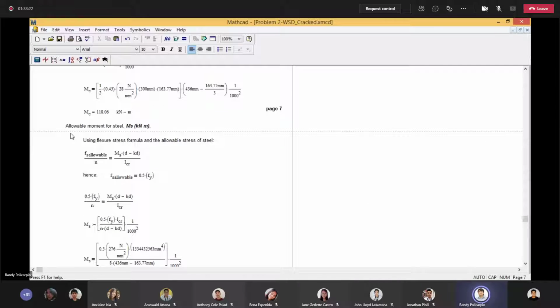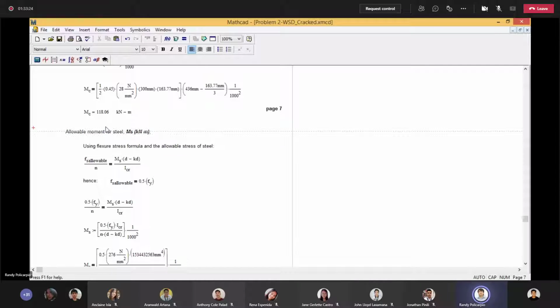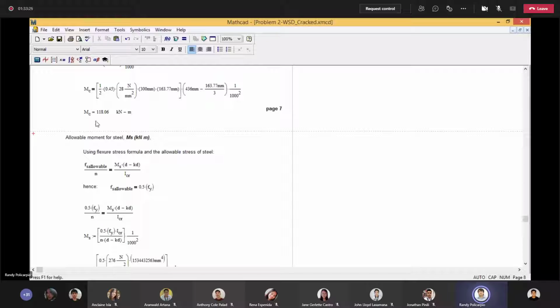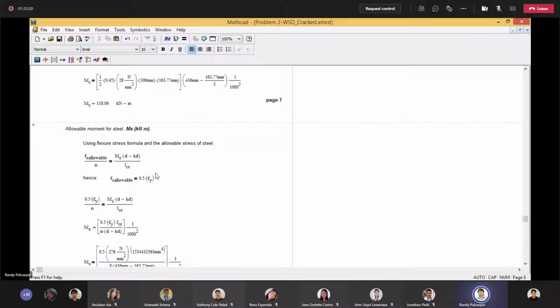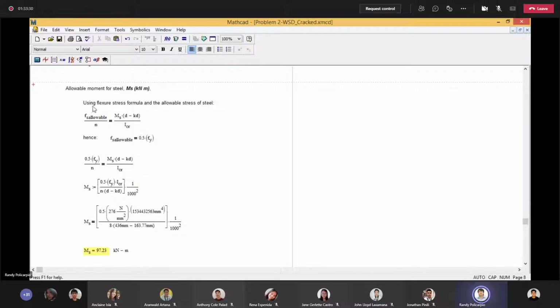Now for the allowable moment in steel, yung isang method o isang solution, we make use of the flexural formula. But this time, yung ating stress sa steel, we will make use of Fs allowable over M. And Fs allowable is 0.5 Fy.